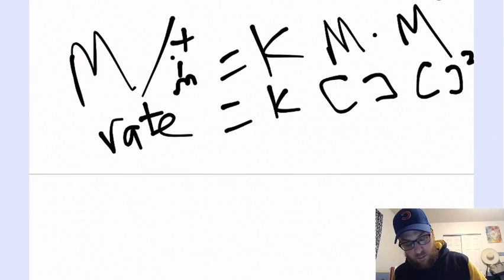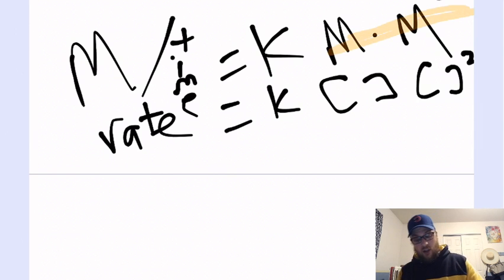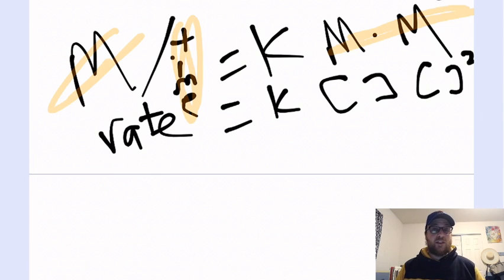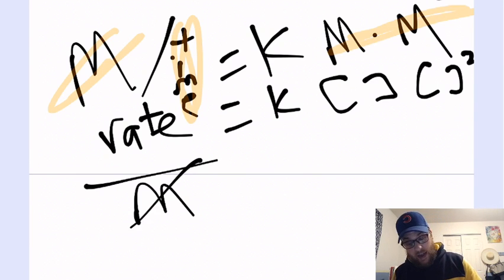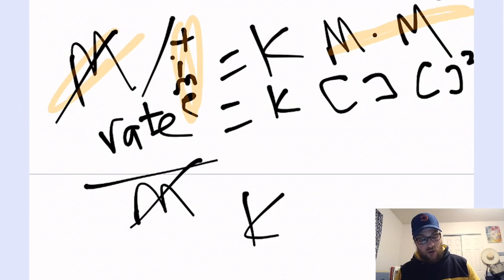It's molarity per time. So you'll notice all I have over here is molarity. All I have over there is molarity. My final answer for K is going to be something over time, no matter what. If you divide rate by one molarity, like there's just one substance on the right-hand side, it's a clear first order reaction, the molarities cancel out, and your K is just 1 over time.